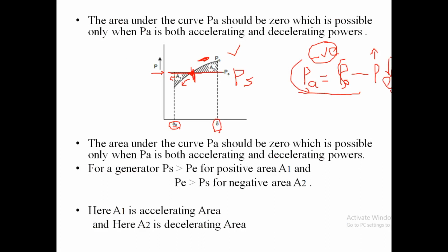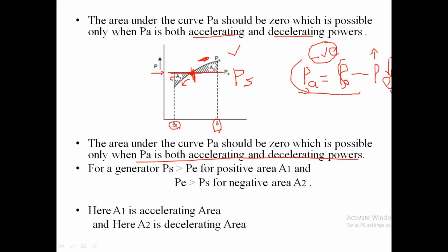Area will become 0 whenever there are positive and negative areas which cancel each other. The area under PA should be 0, which is possible only when PA has both accelerating and decelerating powers.